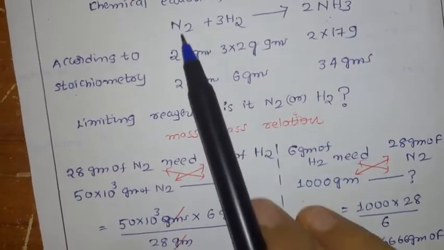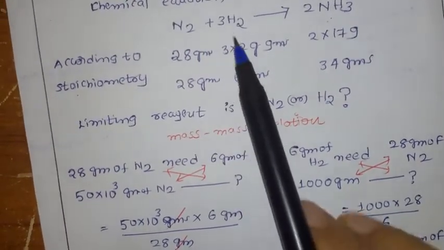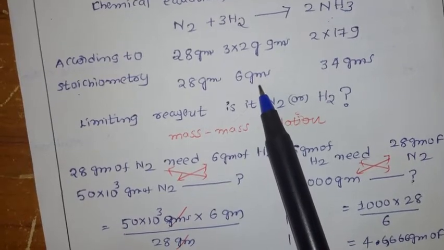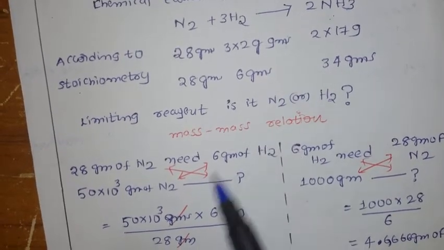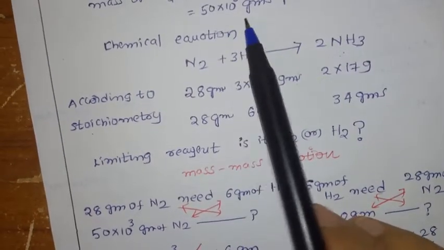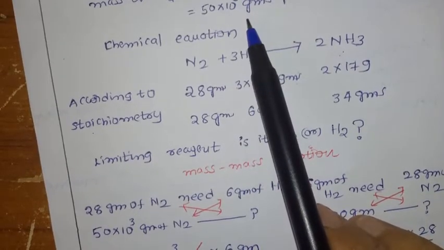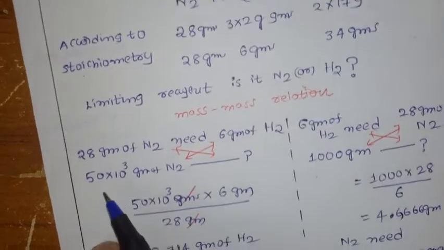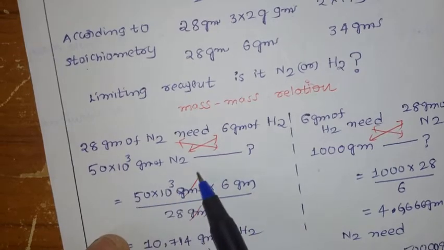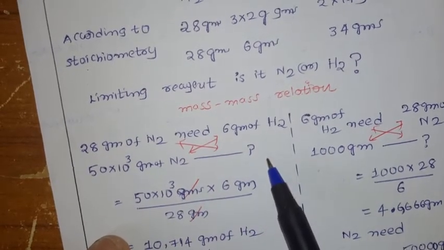In the data given, 50,000 grams of nitrogen is given. So 50 into 10 to the power of 3 grams of nitrogen needs how much hydrogen?